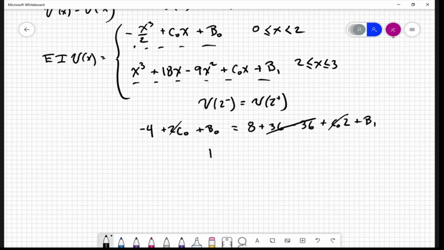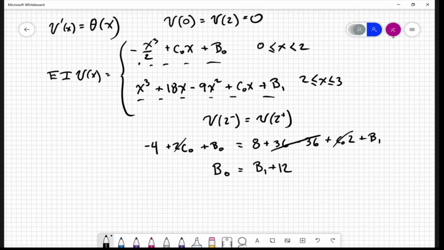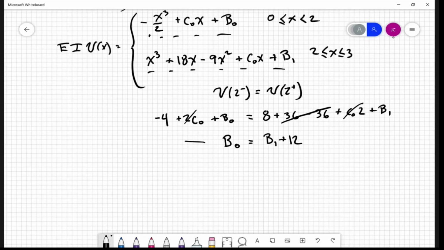So I get B0 equals B1 plus 12, right? I think I get that, right? That's fine. Let's just do it that way. And now when we put that back into here, we're going to get the following for the deflection curve.